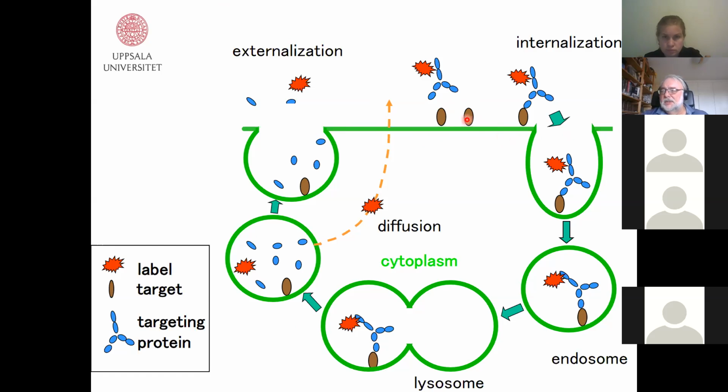It might be that the forced internalization doesn't take place. It still happens, but at a much slower rate, because the cell used to clean its surface. There are certain receptors expressed on the surface of the cell, and they are used like chemical antennas.